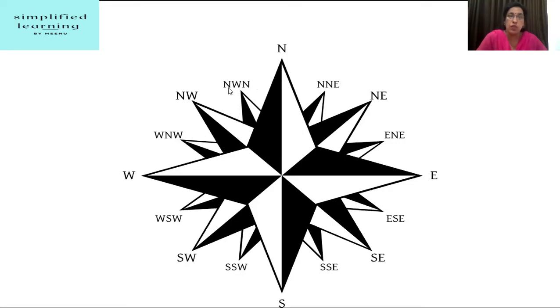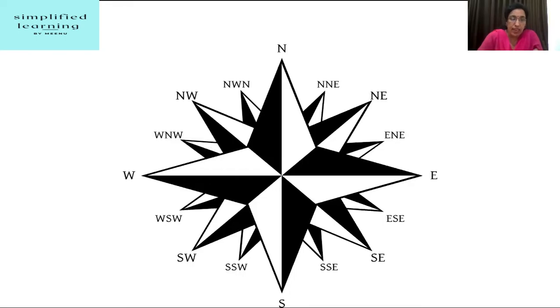So it becomes north northwest. The other one, that is west northwest, means it is more towards the western direction as compared to the northern direction. So these are the directions which are in between the intermediate and cardinal directions.